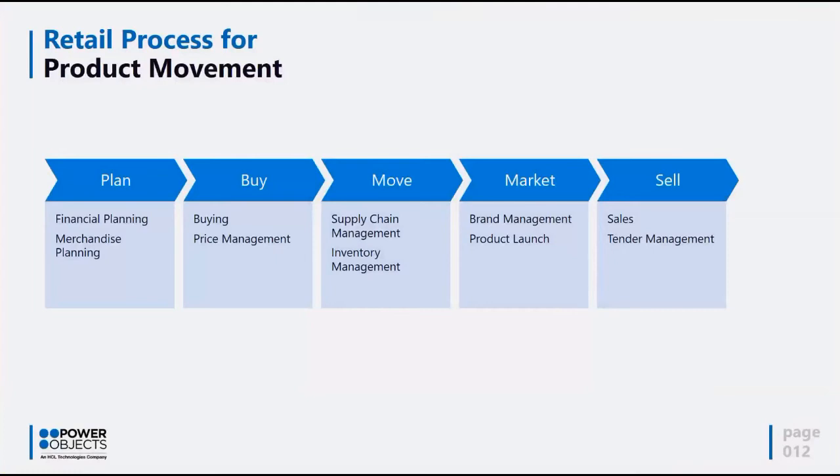We then go into the buy mode, where the buyers source the product, and then they determine what price they're going to charge for those products, and that can be done in a number of different ways, including average costing, landed costs, and the gross profit margin that they would like to attain, and then moving that product.